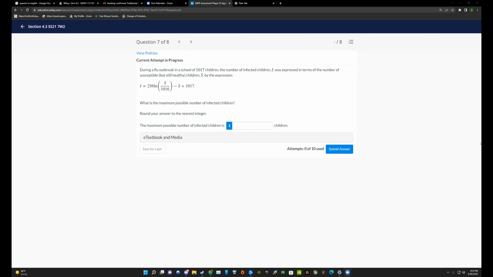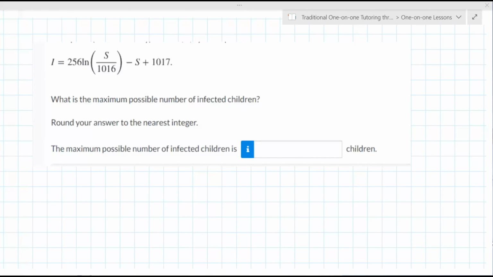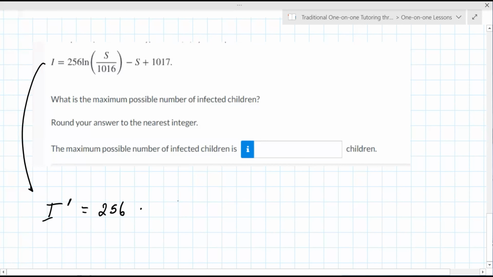Sure. All right, so let me share my screen. All right, so you've got to take your derivative, I prime, right here. And so this first one is the derivative rule of log, or ln, which means it's 1 over whatever's inside. So 1 over s, 1016 minus the derivative of s, which is just 1.